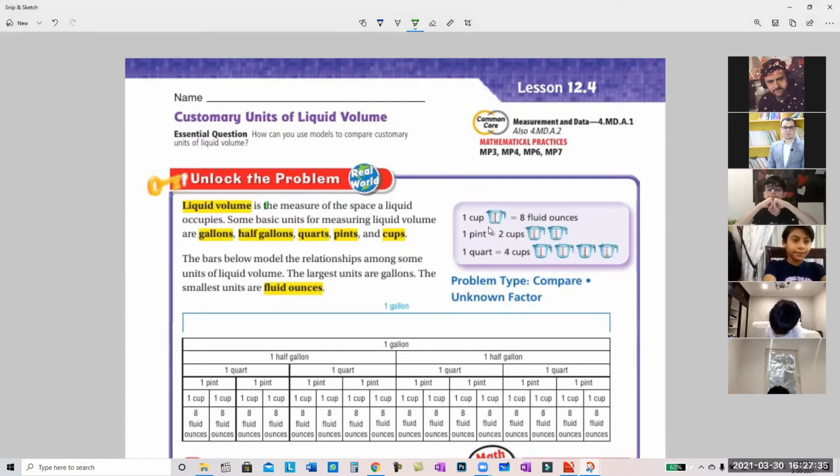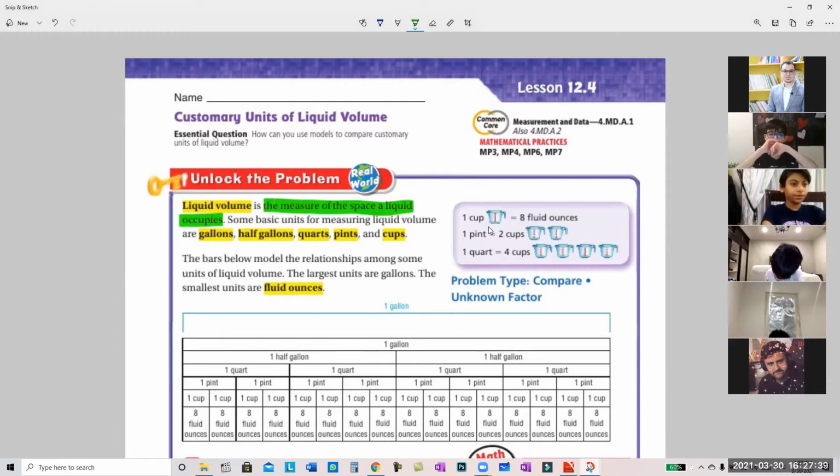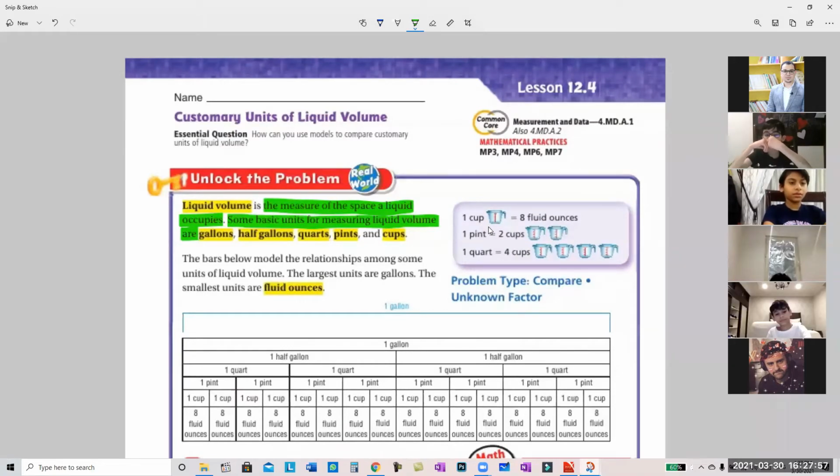Liquid volume is the measure of the capacity a liquid occupies. Some basic units for measuring liquid volume are gallons, half gallons, quarts, pints, and cups. Okay, those are the units of measuring liquid volume.